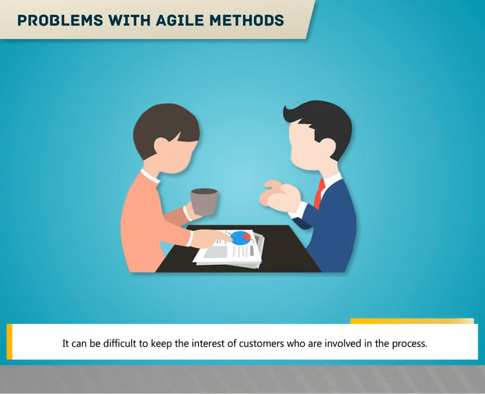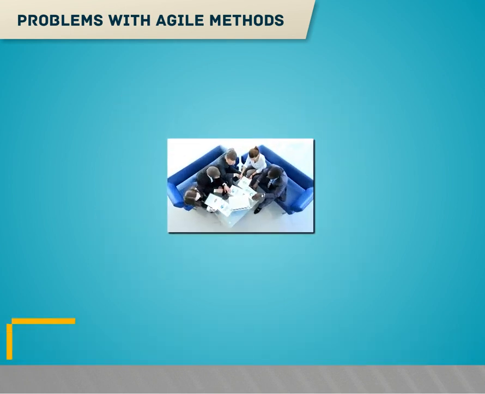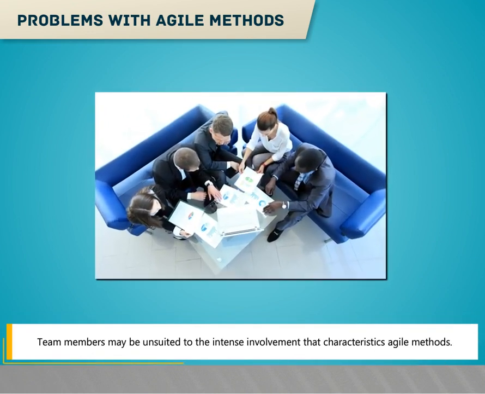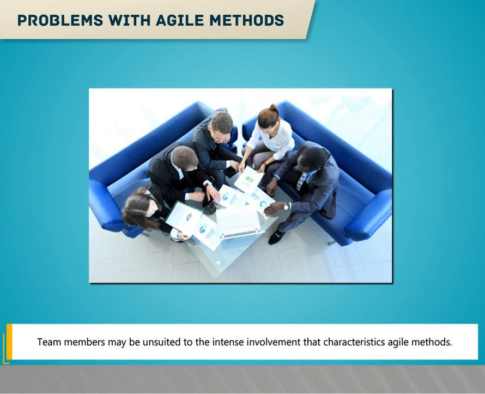Problems with Agile methods. It can be difficult to keep the interest of customers who are involved in the process. Team members may be unsuited to the intense involvement that characterizes Agile methods.